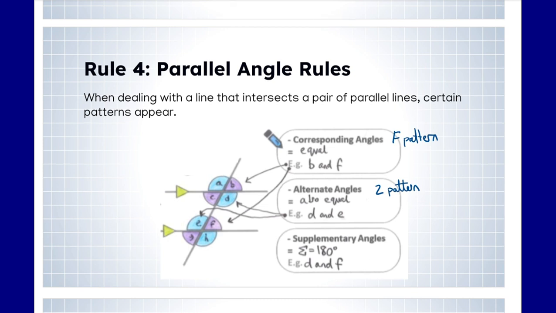Supplementary angles, in this case D and F, or in other words, you might see it as the C pattern, because as you might have guessed, the lines of those angles form a C. So we see a C here. These two angles aren't equal, but they add to 180.